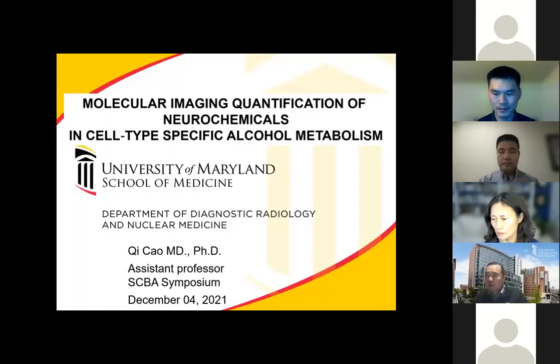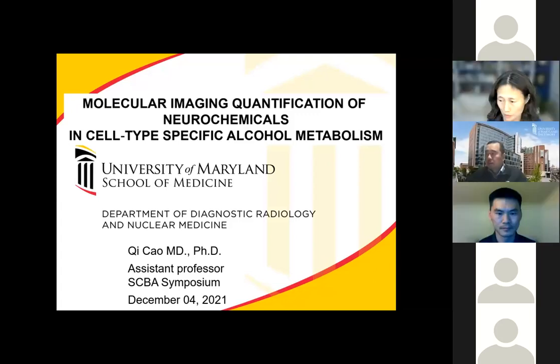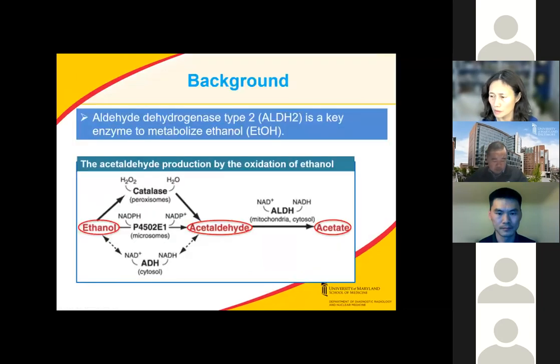So today I'm going to talk about molecular imaging quantification of neurochemicals in cell type specific alcohol metabolism. When we drink alcohol, most alcohol goes to the liver. That's well known.